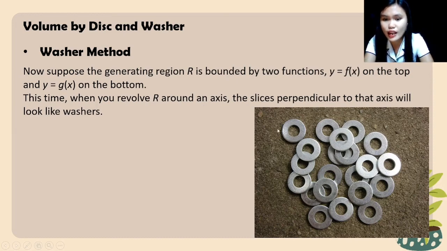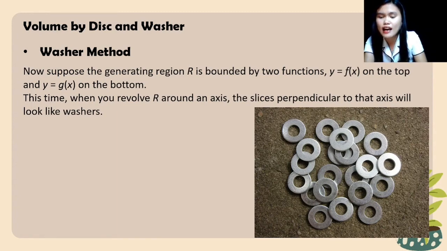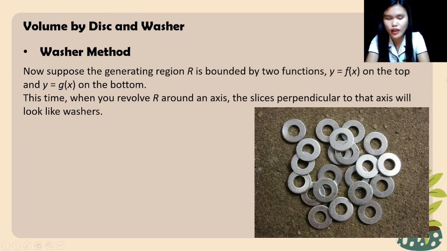As you can see here, we have two radii. When you revolve around an axis, the slices perpendicular to that axis will look like washers. The difference between the disk and the washer is that our washer method has a hole, and our disk method does not have a hole.